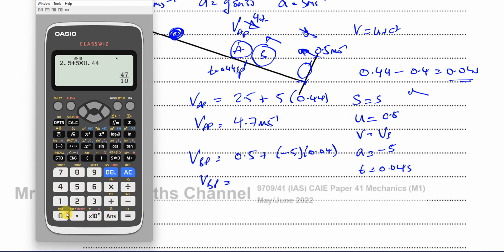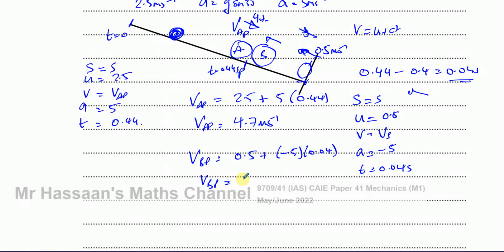So 0.5 plus negative 5 times 0.04, the time for which it was rising, okay, which gives you 3/10. So it's 0.3 meters per second.